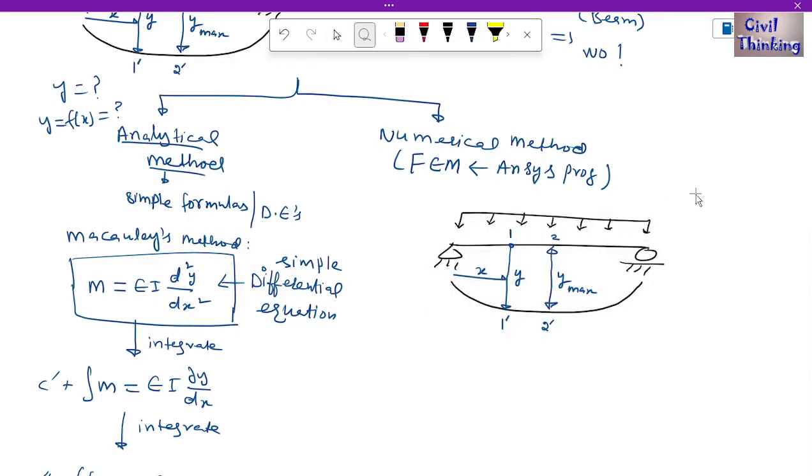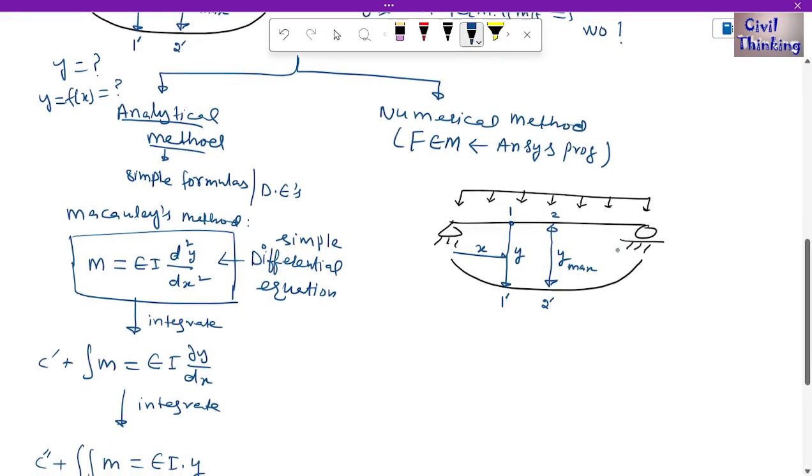Basically, when we talk about the finite element method, here is the word finite element. F is finite, E is element, M is method, or FEA, finite element analysis.